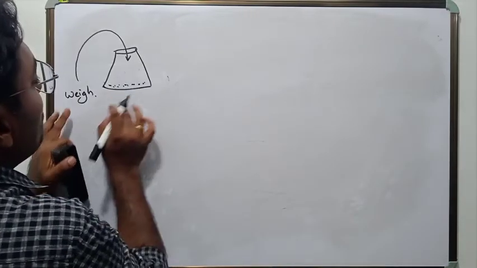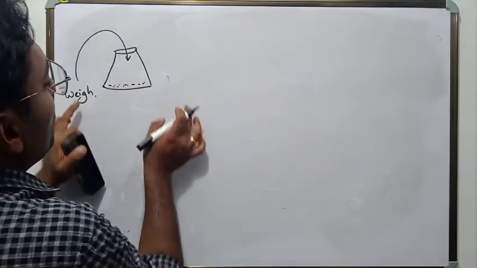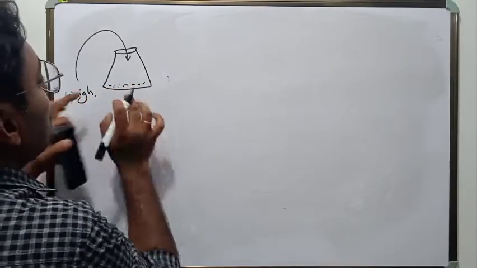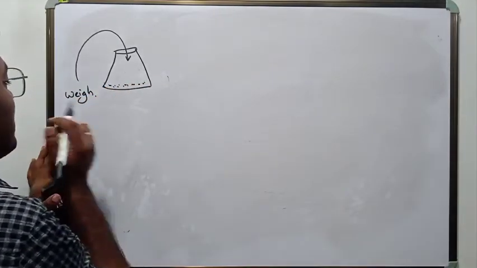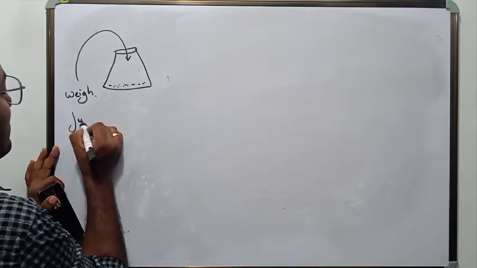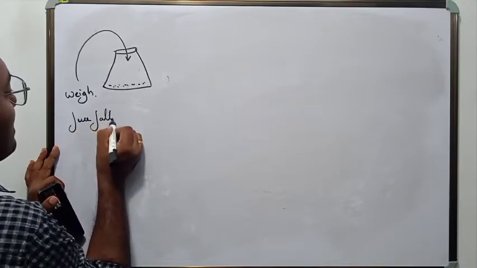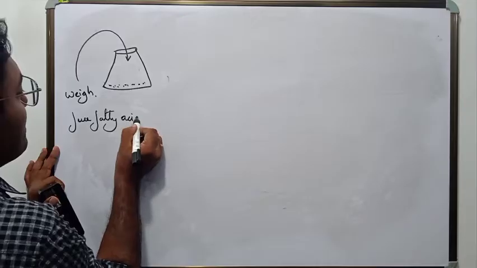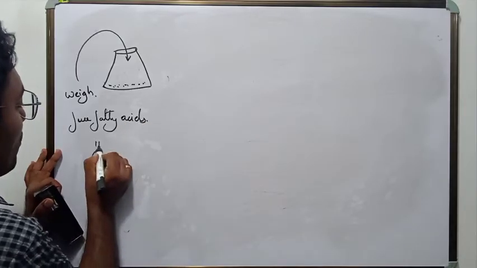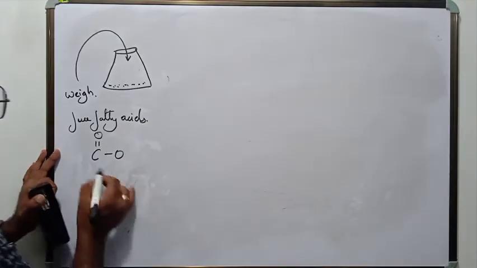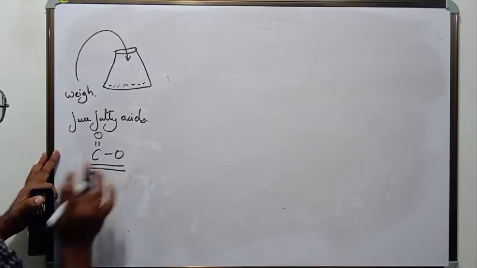Now assume that the oil is in the conical flask. You need a solvent to solvate the oil. So what kind of solvent should you use? That solvent which does not interfere with free fatty acids, which has no influence on free fatty acids or on the CO groups of the triglyceride.